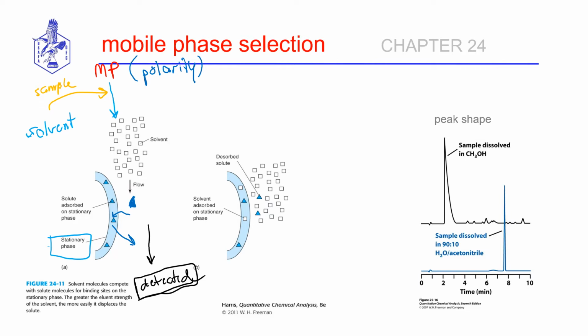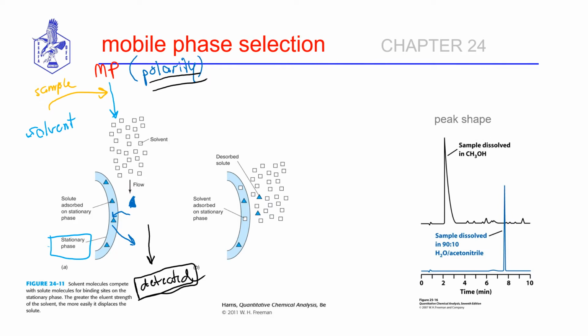So practical considerations: in selecting our mobile phase, we need to be able to tweak the polarity so we get the ideal time spent in the stationary phase to affect the separation, but not let the molecules hang out so long that we're wasting a lot of mobile phase material.